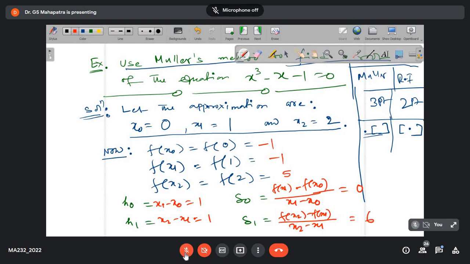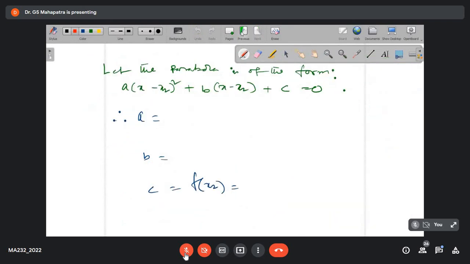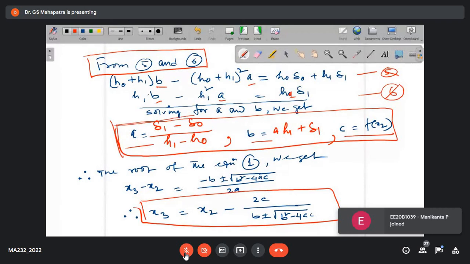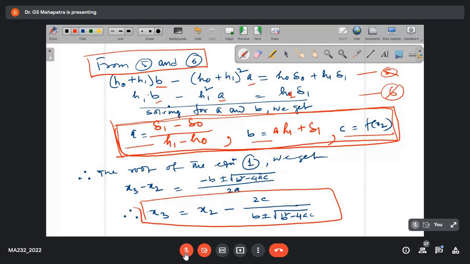Fine. Now you just check it. What is A? You can note it down now itself. A is this one, and x3 is this one. You need these two boxes actually. Quickly find it.